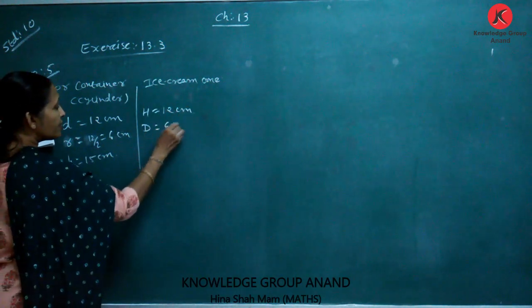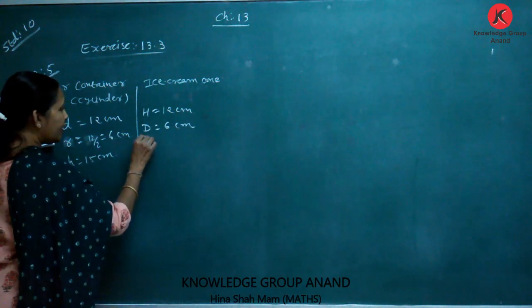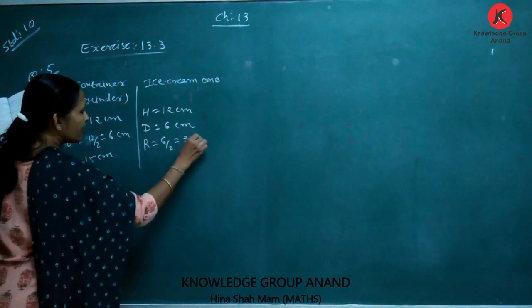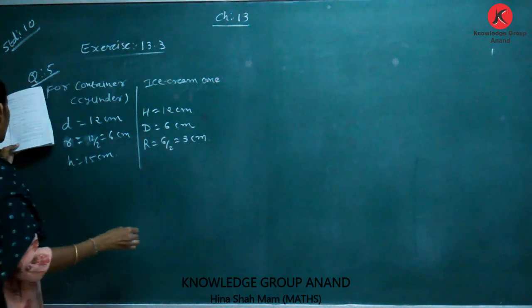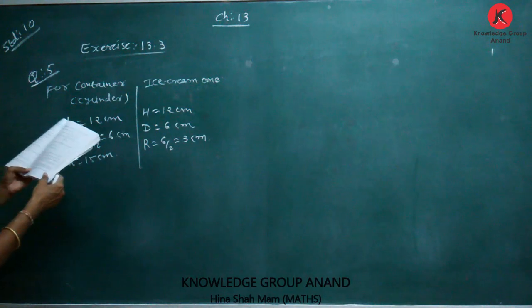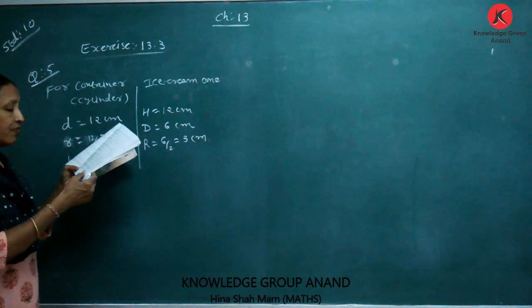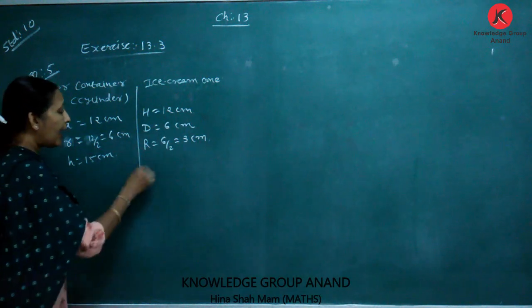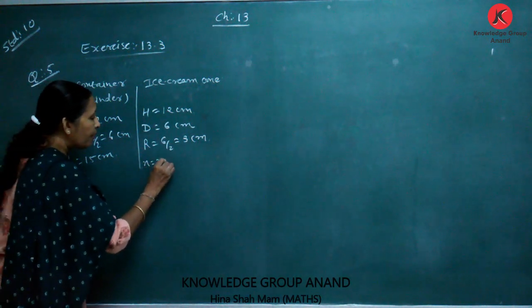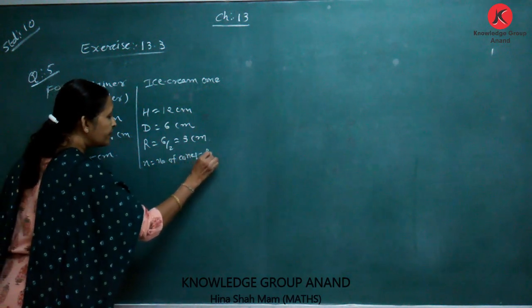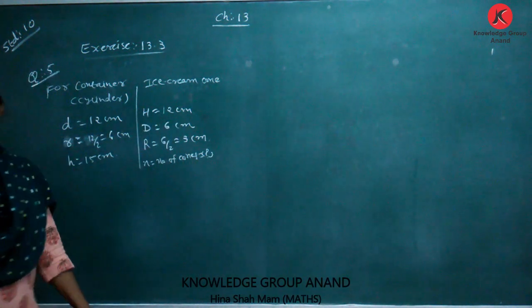D is 6 cm, then R is 6 by 2, which is 3 cm. Having hemispherical shape on the top, find the number of such cones which can be filled with ice cream. n is the number of cones which we find.